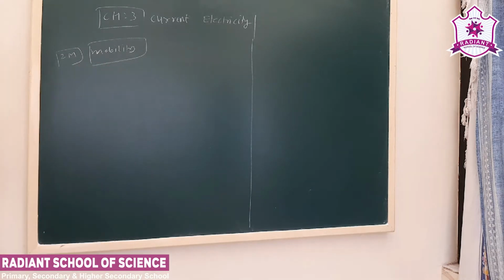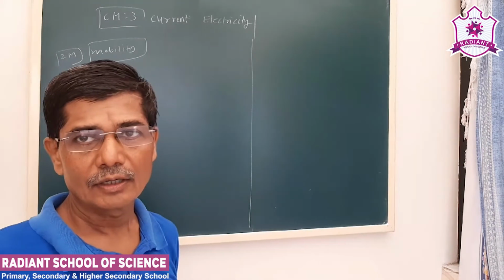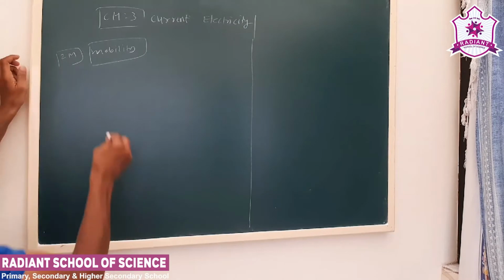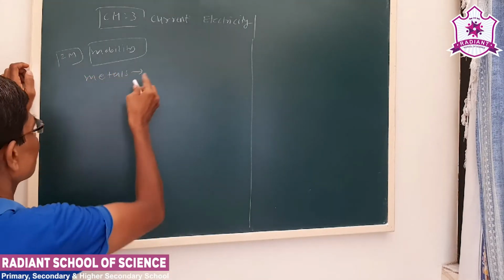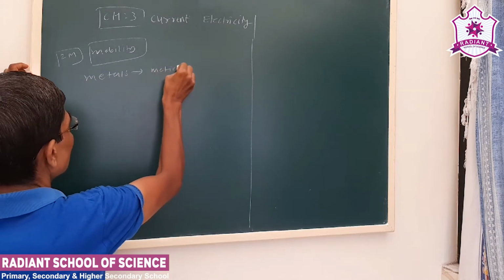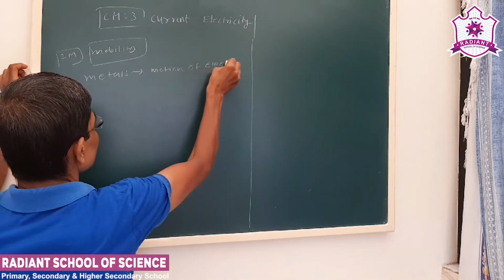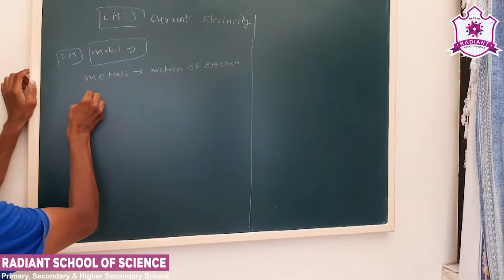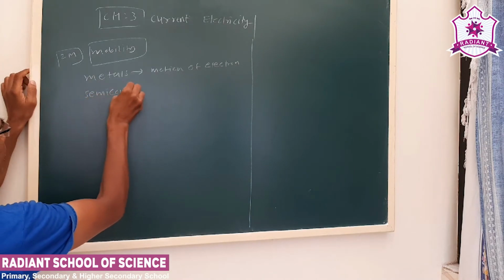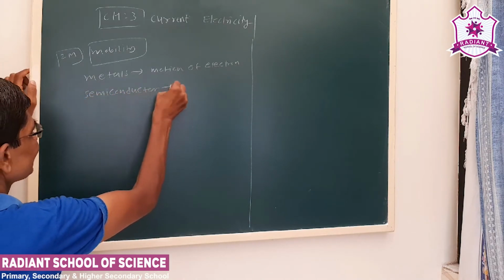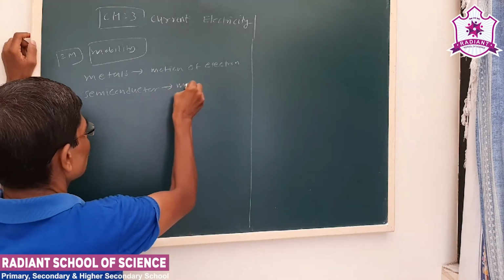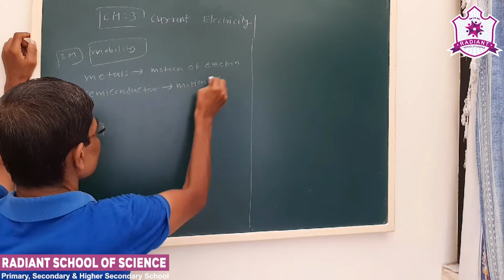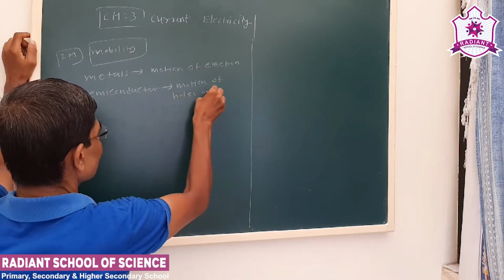Now we know metals are good conductors of electricity. So in metals, current is produced because of the motion of electrons. In semiconductors, that we study in lesson number 14, the current is produced because of the motion of holes and electrons.